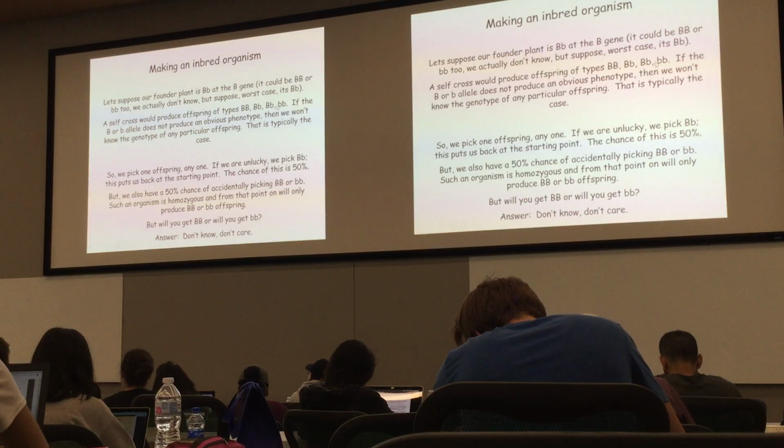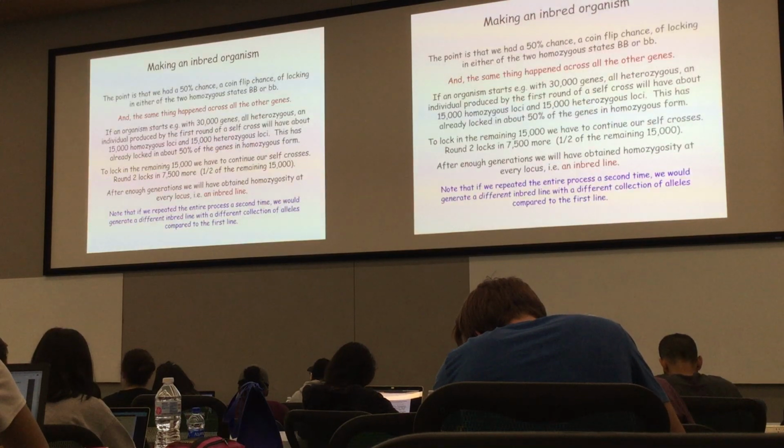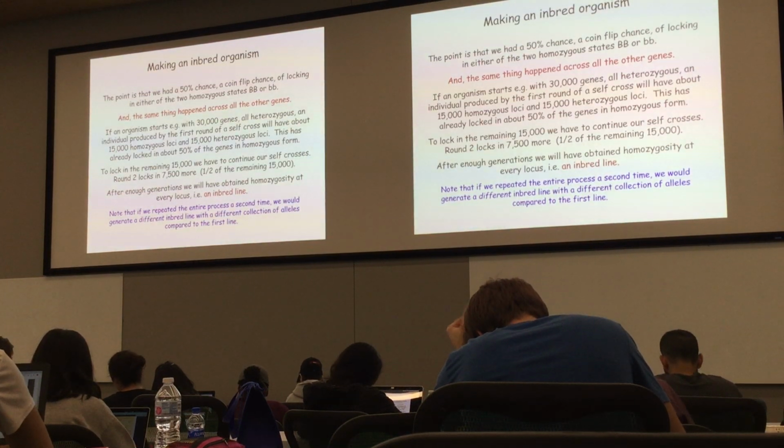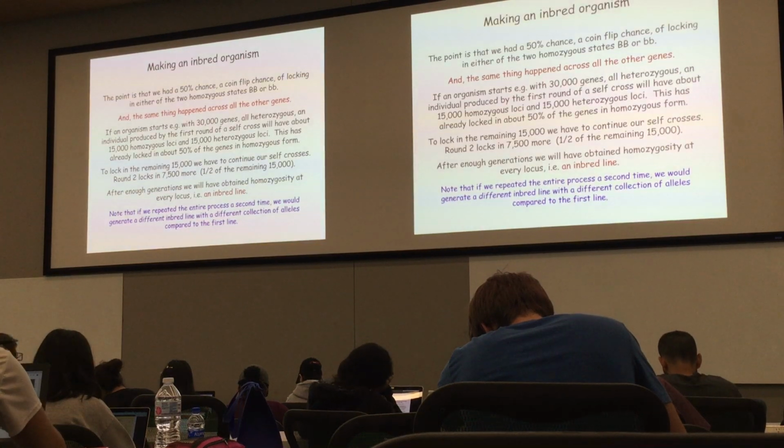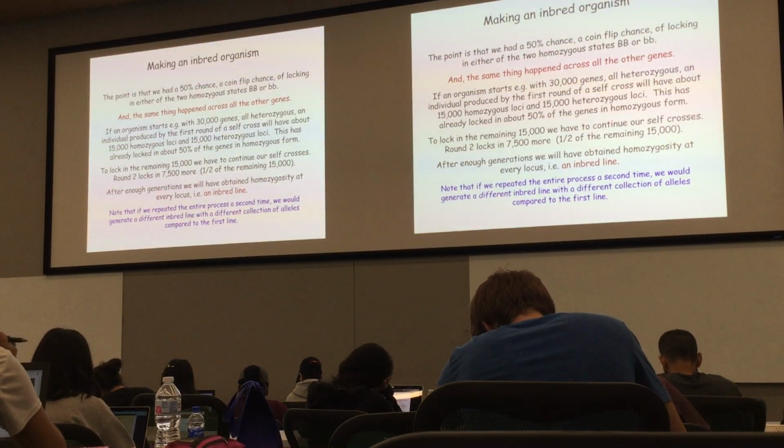So across all of the genes in the final resulting inbred organisms, some of them will be, you know, big A, small b, big C, small d. If you did it again, you might have small a, small b, small c. You're not picking anything in particular, you're just forcing homozygosity at all these things.